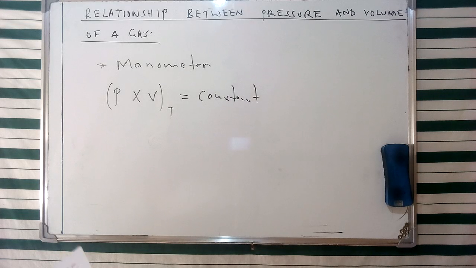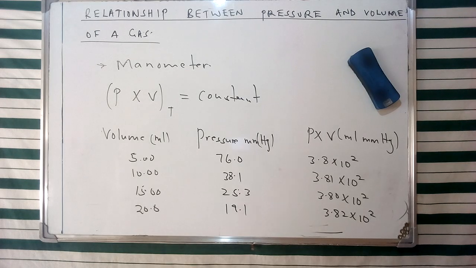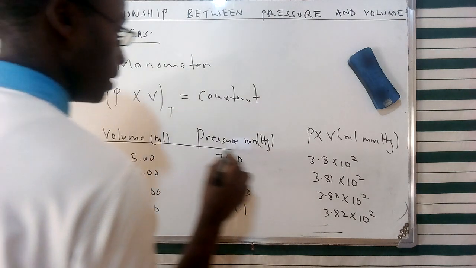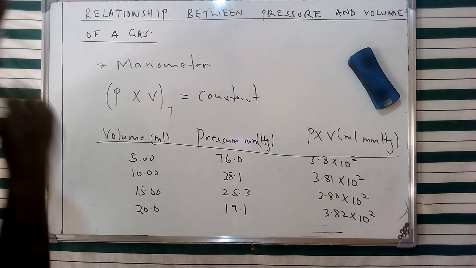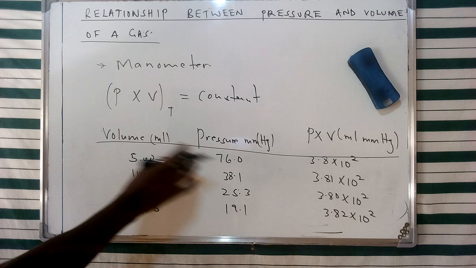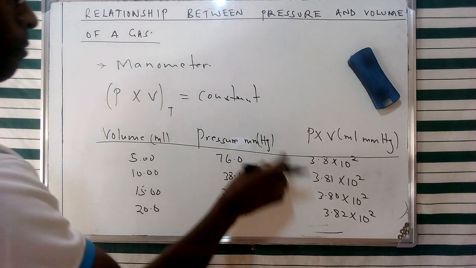So I'm going to give a sample of data that has been obtained. This is a hypothetical value, an experimental data, which is going to assist us in understanding this relationship between the two. Now, from this sample chart at the bottom of my table, we have the column for volume in milliliters, and then pressure in millimeters of mercury.